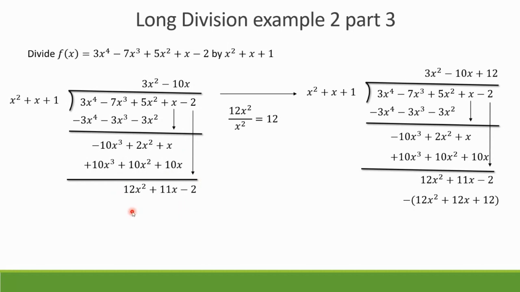Here we have 12x squared divided by x squared. Dividing leading terms, we get 12. Where does this 12 go? We put it over its like term, which is the constant term. We multiply and subtract the product. So when you multiply, you get 12x squared plus 12x plus 12. And we subtract that.